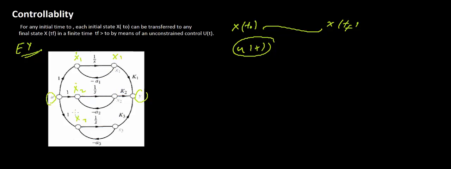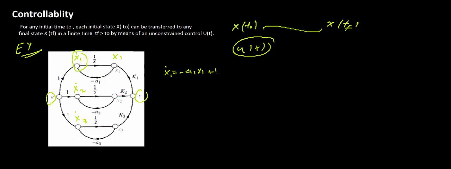If you need to write the state equations, x1 dot equals minus a1 times x1 plus u, which comes from here, so plus u times 1.